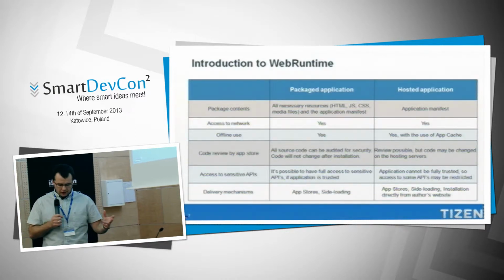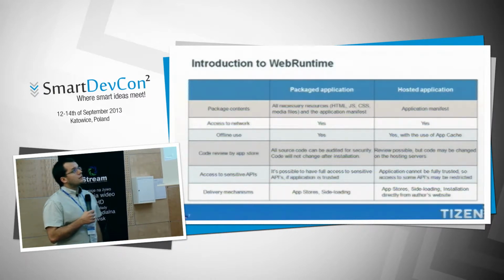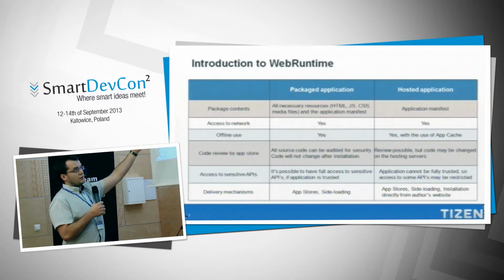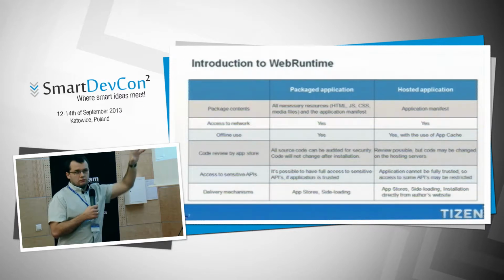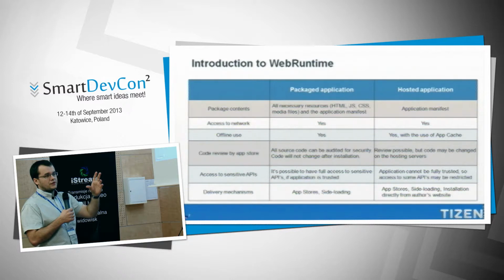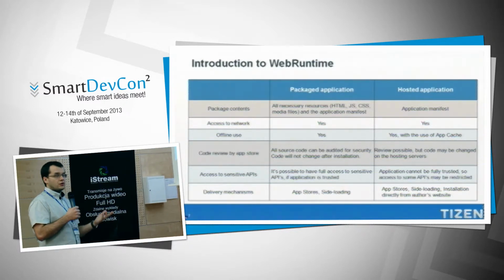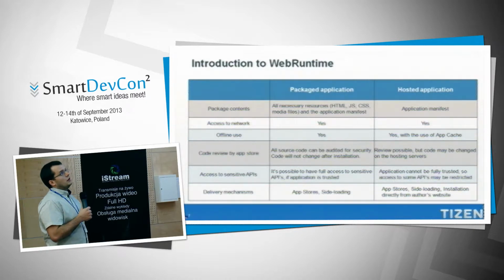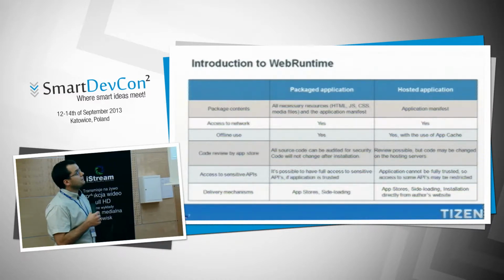There are two basic types of web applications, packaged and hosted. The main differences are listed here. Now the package contents for a packaged application is all the resources, all HTML, JavaScript files that the application needs to run properly. Whereas for the hosted applications, the bare minimum is the application manifest.